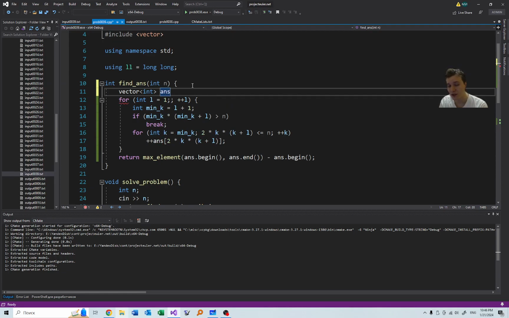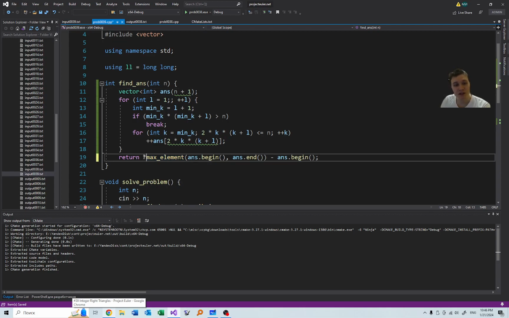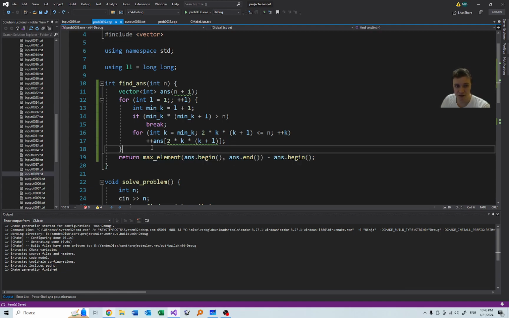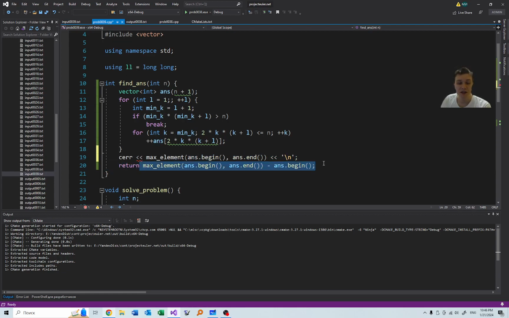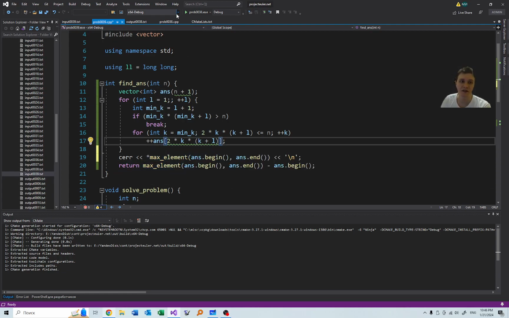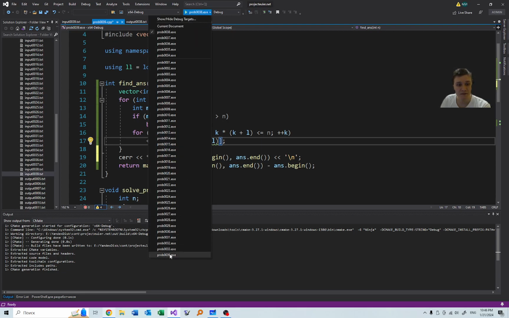Here we need to look at n plus 1 numbers, and it will store the number of ways which we are interested in. So if we wrote this, this would be this number of ways. And we can print it. But we are interested in the number which reaches this maximum number of ways.